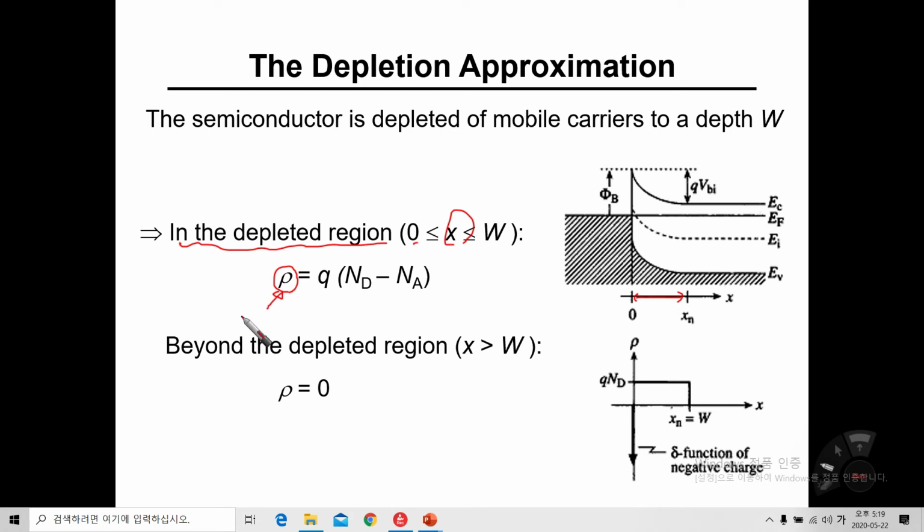The meaning of rho is charge density, in the unit of Coulomb per cubic centimeter. How do we write the equation for charge density in the depleted region?